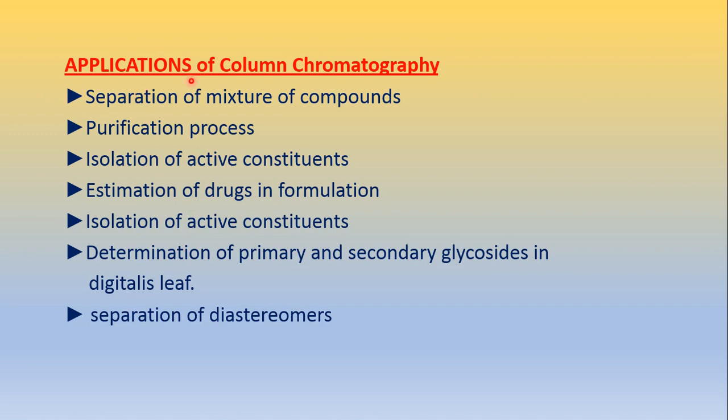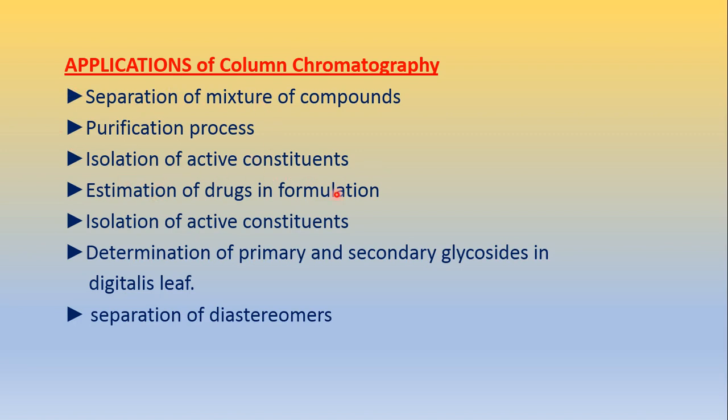So these are the applications of column chromatography. The first application is preparative and the second application is analytical, means in both areas this column chromatography technique is highly used. Separation of a mixture of compounds when we use it as preparative CC. Purification process in a chemical reaction: if we want to get a pure product, then we have to apply this column chromatography technique to purify that product.